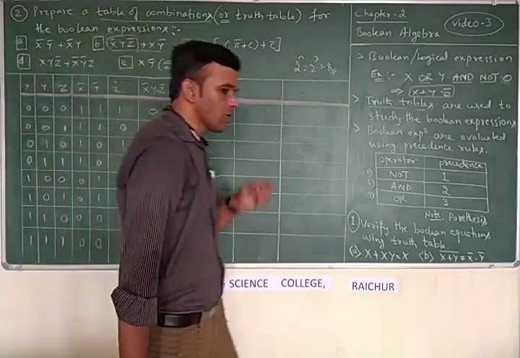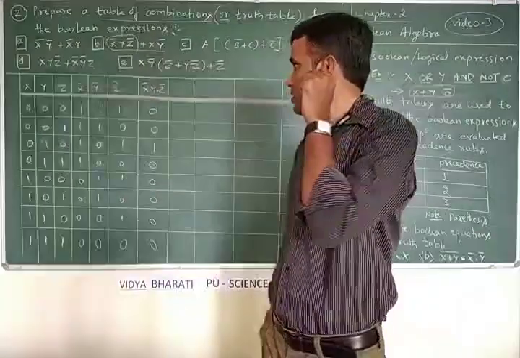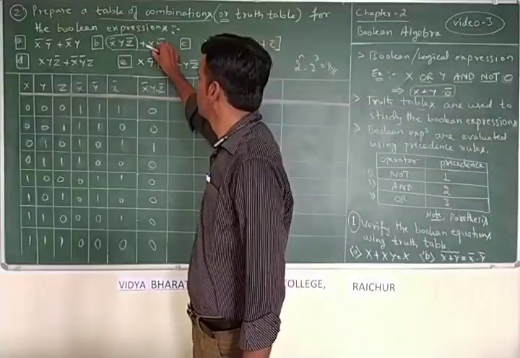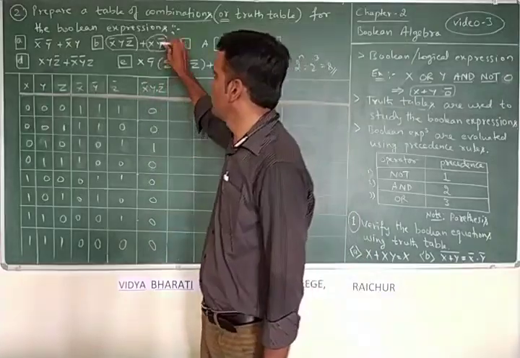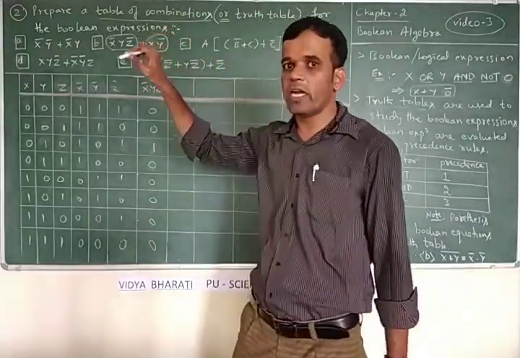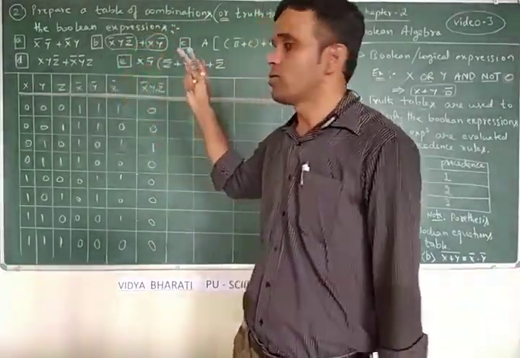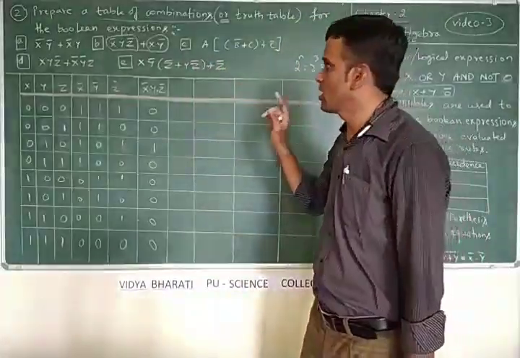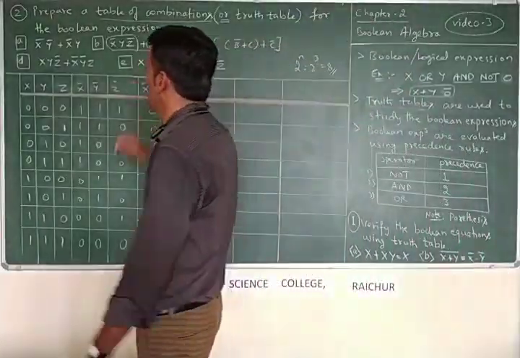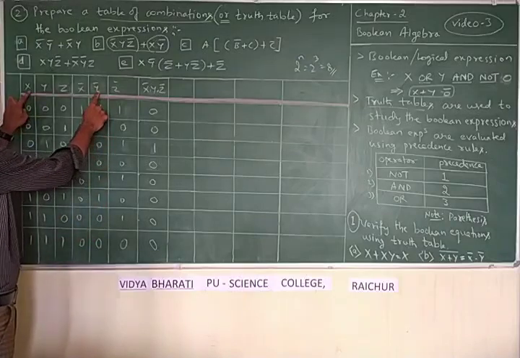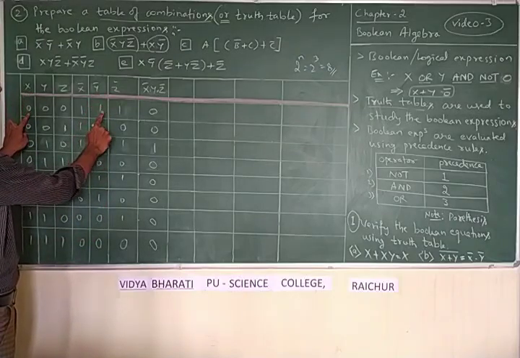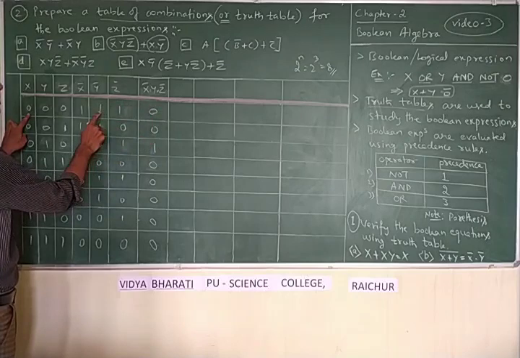Okay, now the other part of the expression. Take this one: x, y bar. If nothing is there, it's dot, which means AND. Now 2 variables are there: if both are 1, then 1, otherwise 0. Column x and y bar: this is the x column, this is the y column, and this is the y bar column. If both are 1, then only here I am going to write 1.